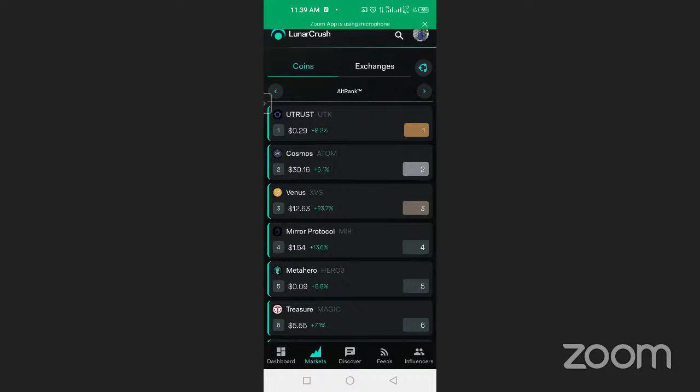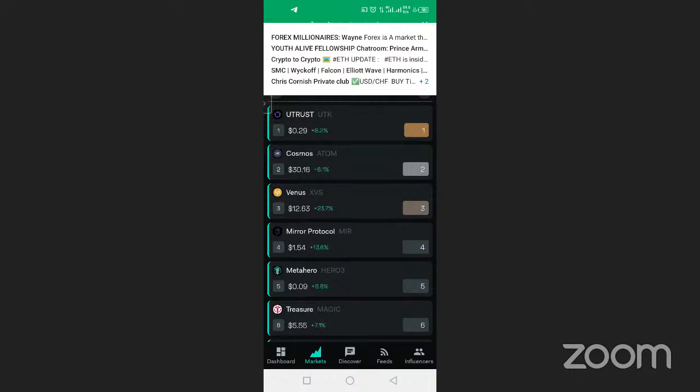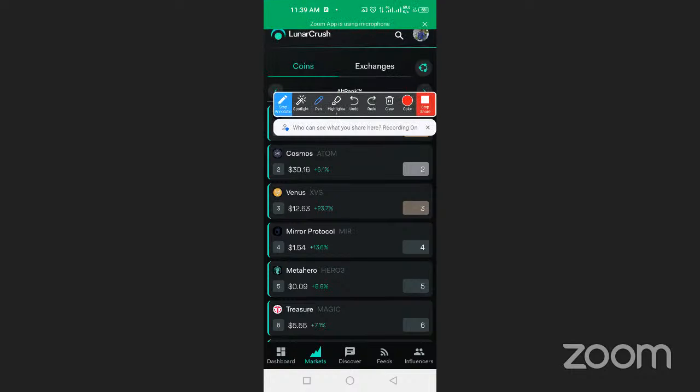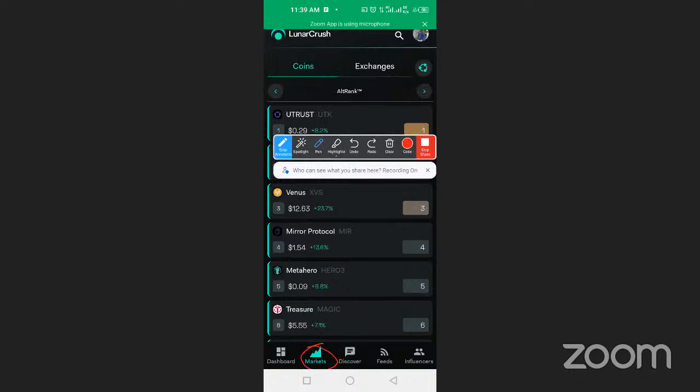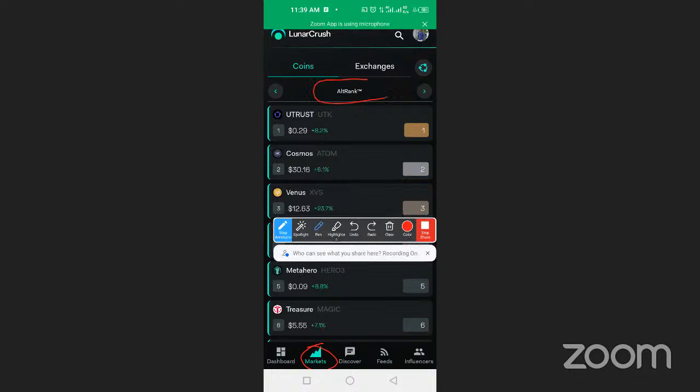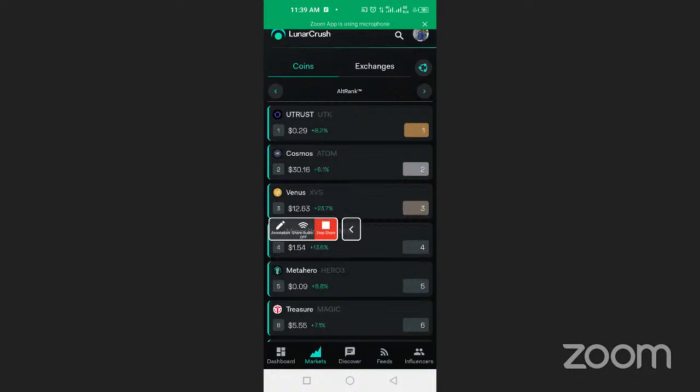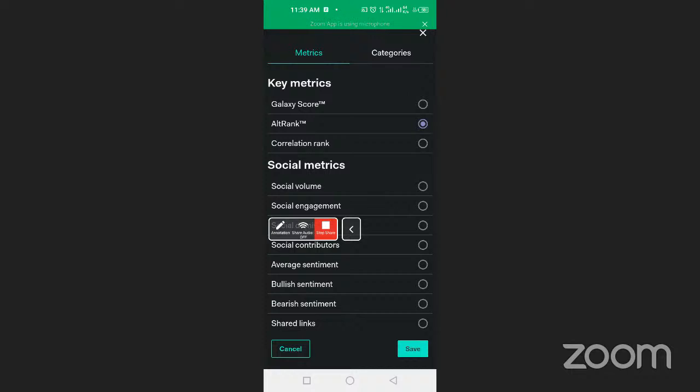When you open, you say you don't normally see the rank. If you click at this marker here and check this place, whatever they write there, whether social volume or social engagement, just click at that place.